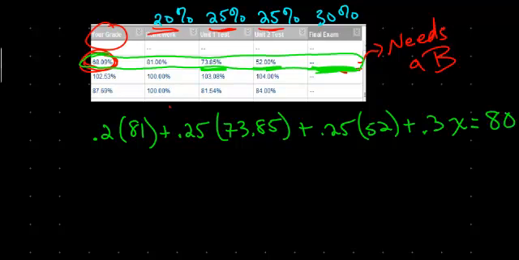I need it to be an 80. So I need to figure out what that x needs to be such that when I do all this, I end up with an 80.